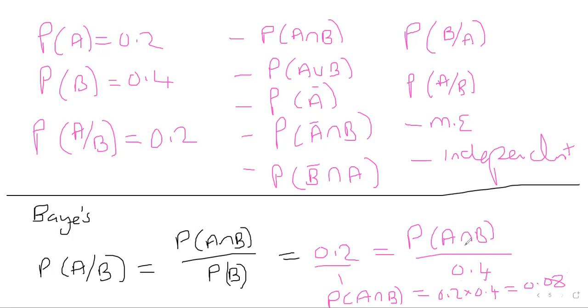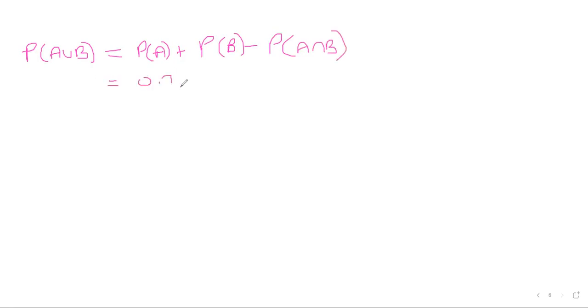Now the second part is the union set. The union set has a very faithful formula. Who remembers the formula for the union set? Simply the probability of A plus the probability of B minus the intersection, A intersection B. So our A is 0.2, our B is 0.4, and the intersection is what we just calculated.